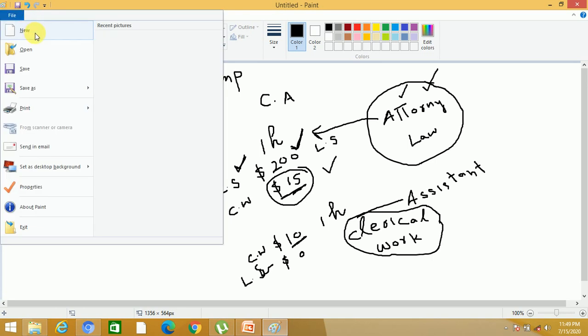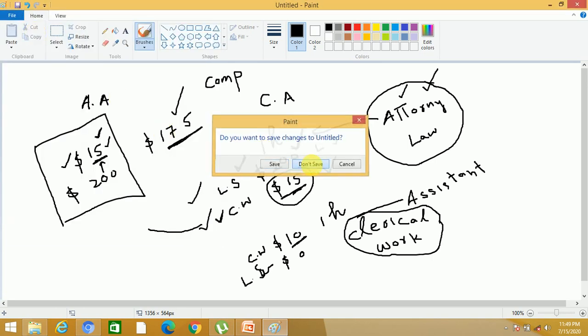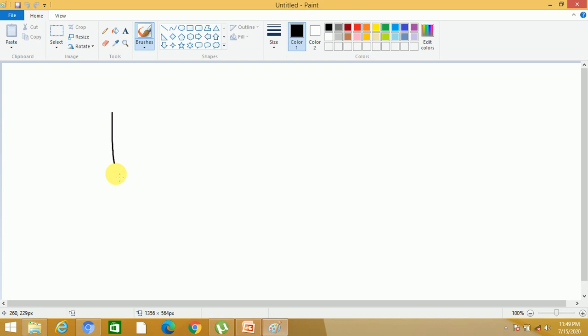Listen again. This is the attorney's office. If he provides legal services, he generates $200.